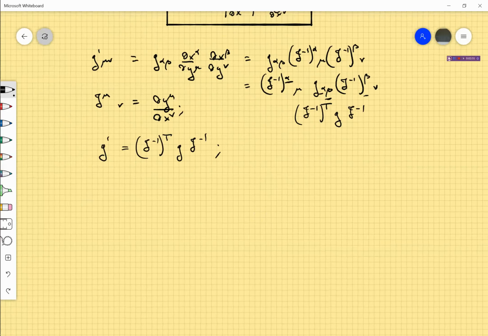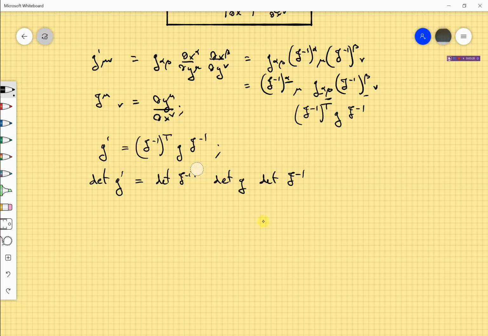So now, if I take the determinant of both sides, then I get that the determinant of g prime is clearly the determinant of J minus 1 transposed times the determinant of g times the determinant of J minus 1. The determinant of the transposed is the same as the determinant of the original matrix, so this is just the determinant of J minus 1.